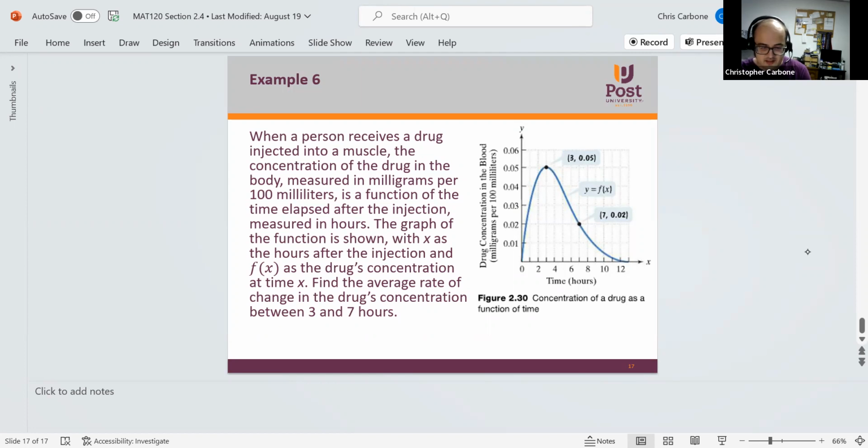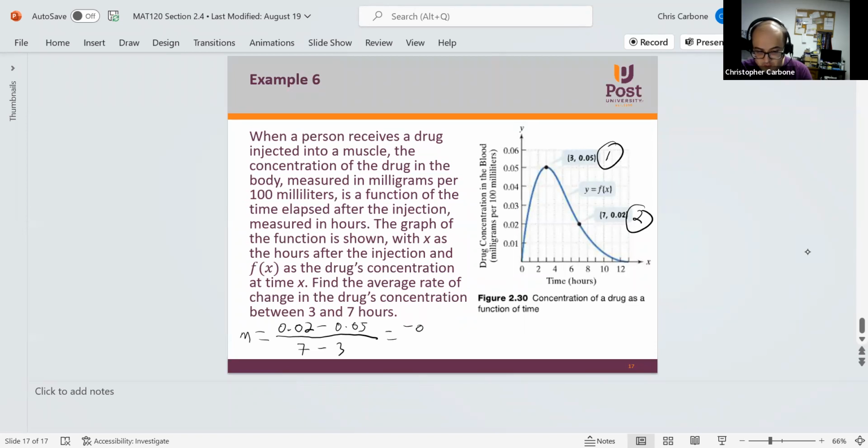We want the average rate of change in the drug's concentration between 3 and 7 hours, which thankfully we have those points physically on here. We just need to find the slope. So this would be 0.02, the second point, minus 0.05, the first, divided by 7 minus 3.